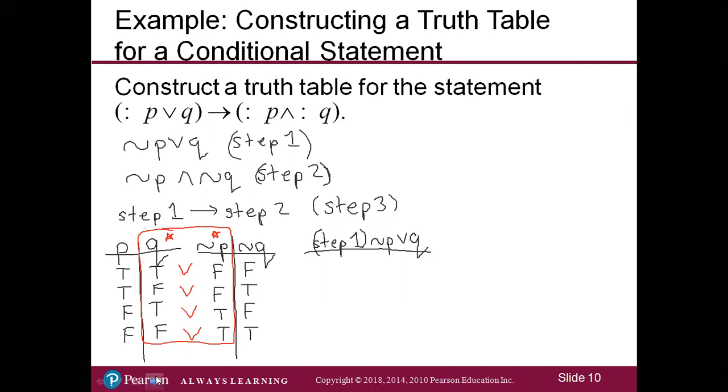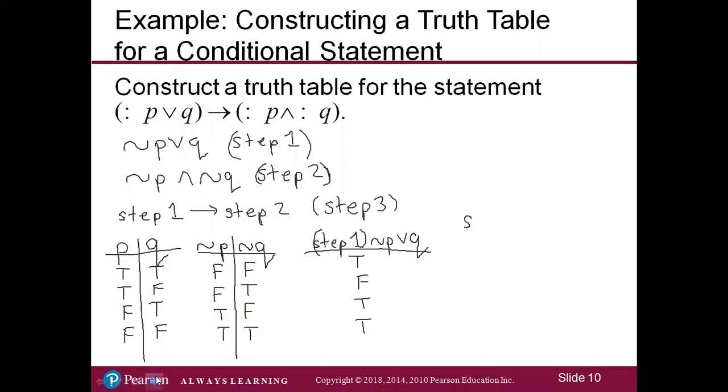This will be our step 1. ORs are only false if both components are false. Both components are false here in the second line only. So our results for step 1 are true, false, true, true.